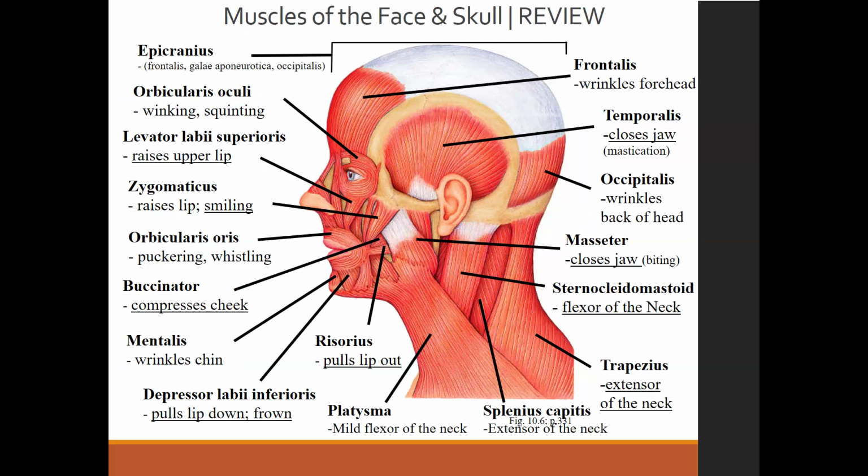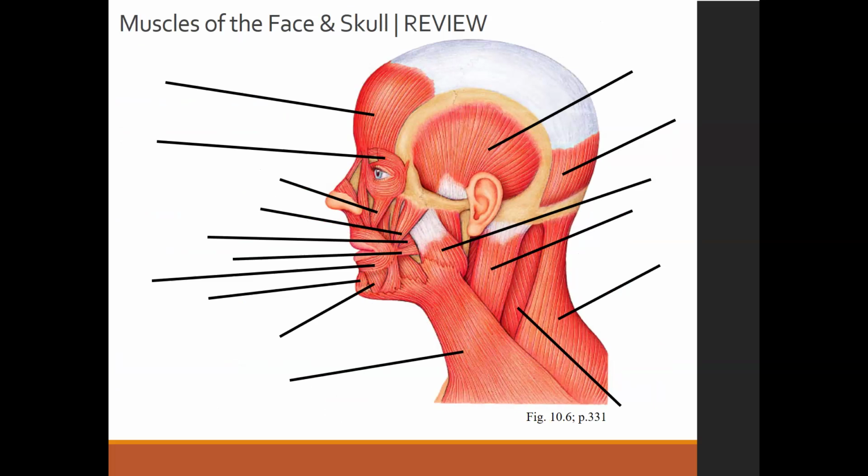So there's everything unlabeled. All right, let's give it a shot. Frontalis, temporalis here, occipitalis there.